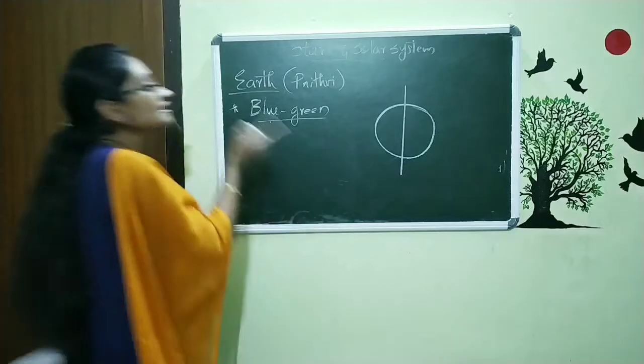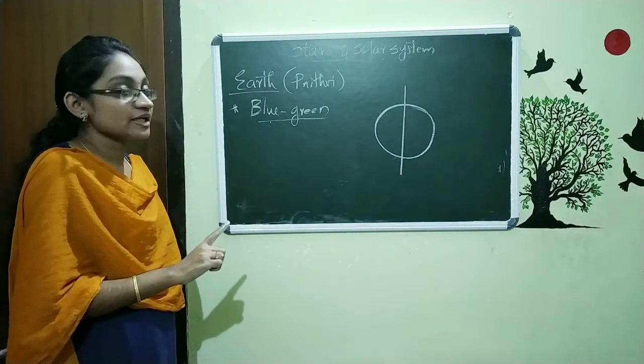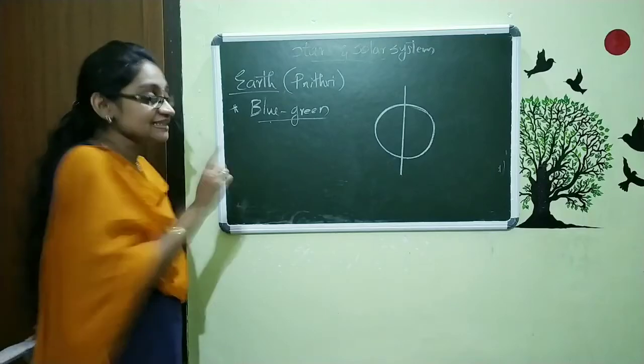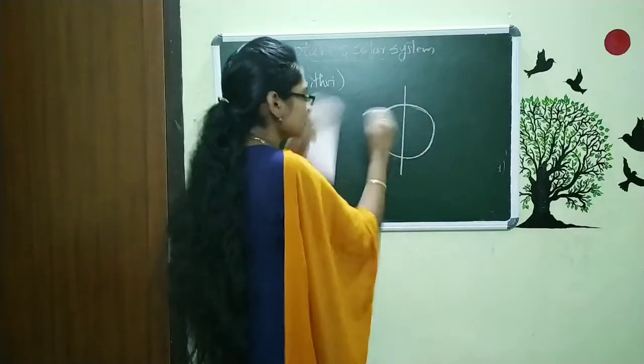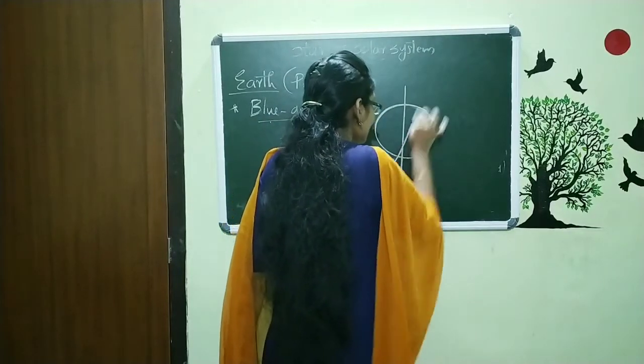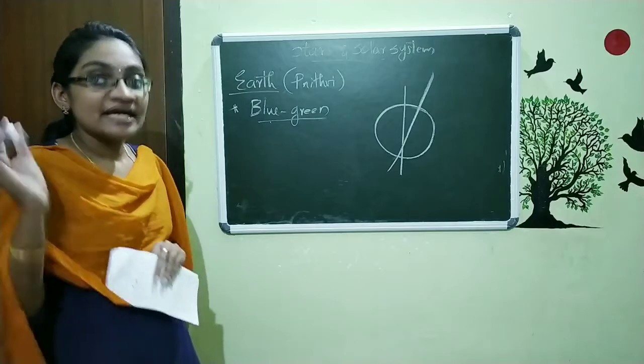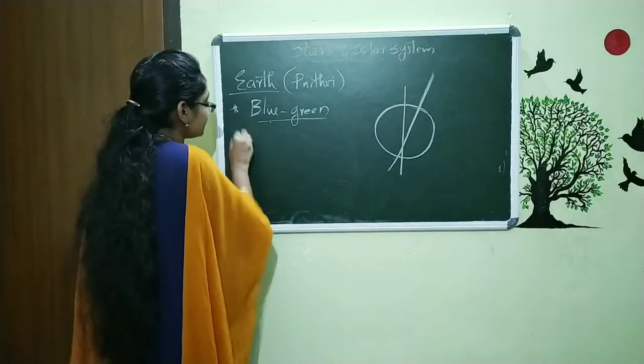But for Earth, the axis is not perpendicular. It has a little tilt. That means a slight tilt is there, and that is towards the eastern side. So we can say Earth is tilted.